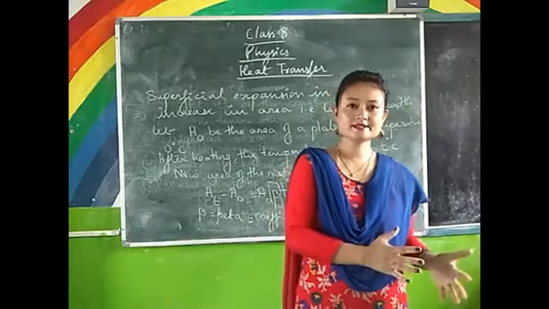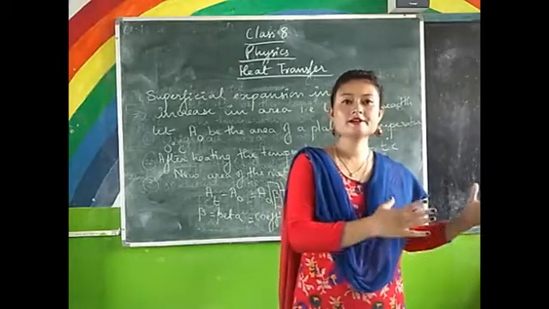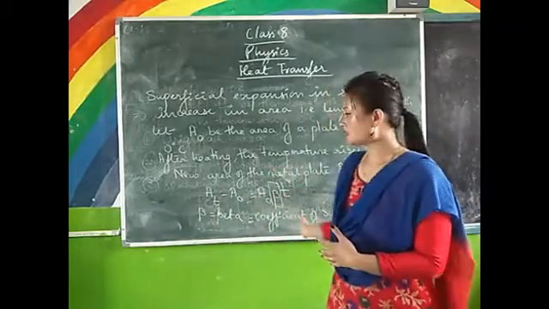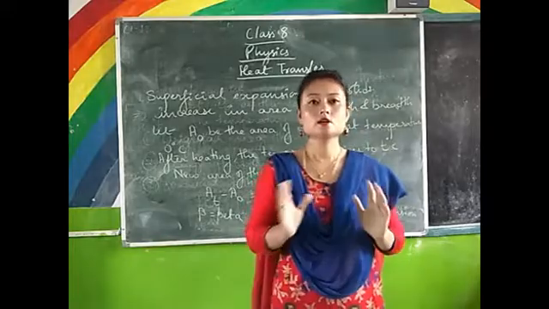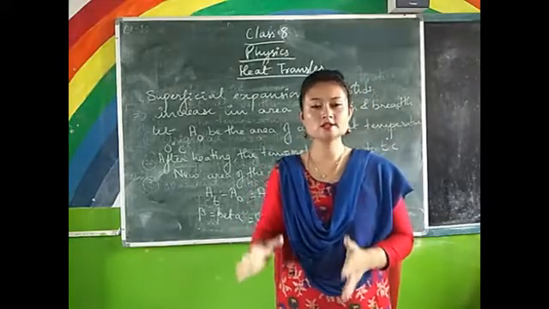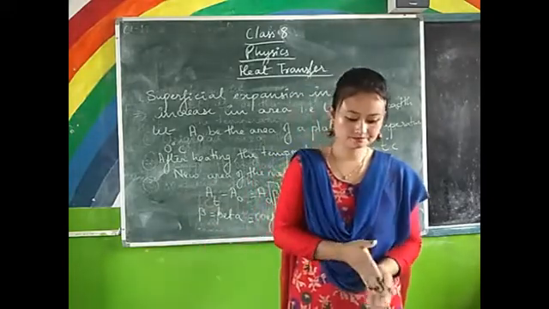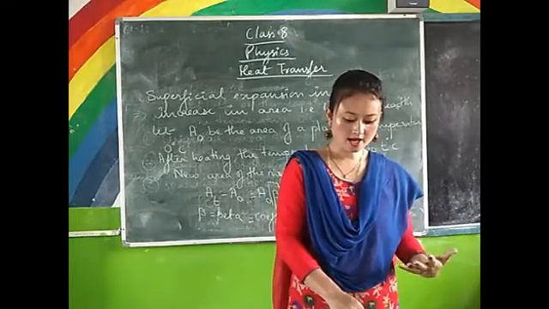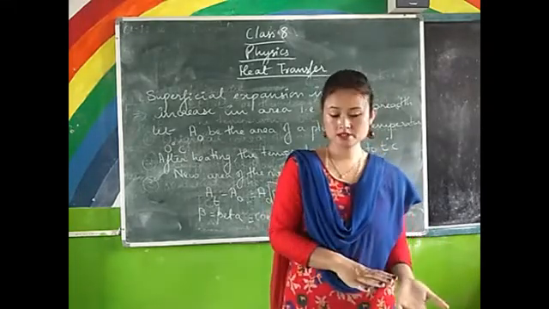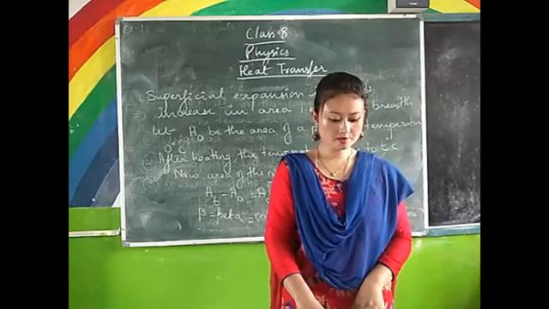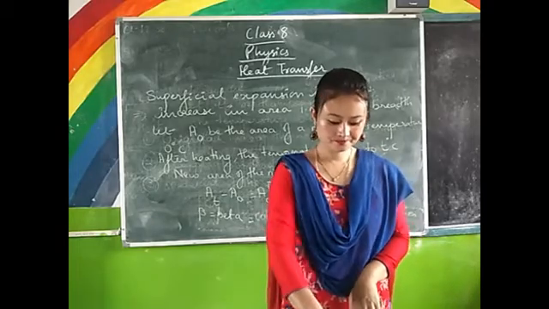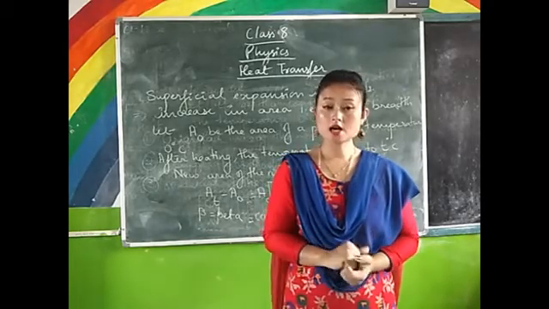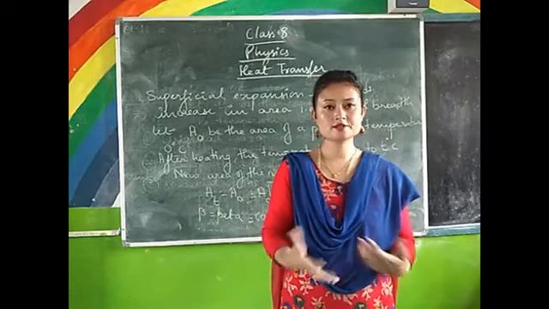So alpha represented the coefficient of linear expansion, and beta represents the coefficient of superficial expansion. Beta will be different for different materials. Then we have cubical expansion of solids, and I'll continue cubical expansion of solids in the next class.